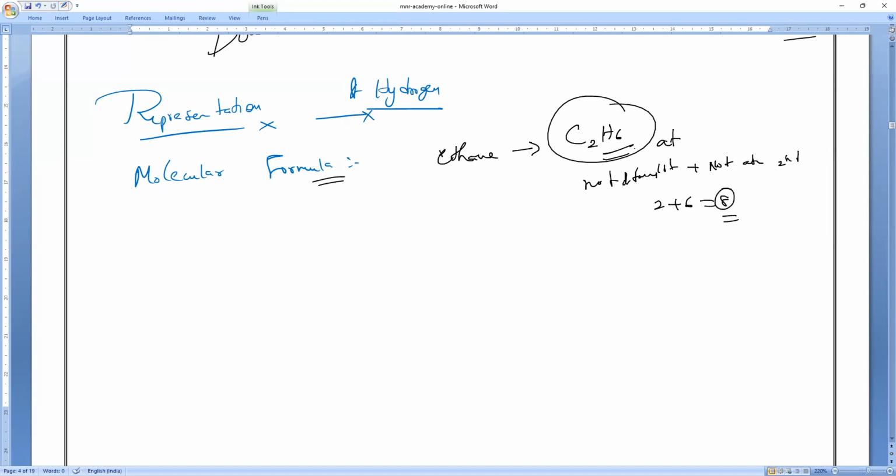Totally 8 atoms are present: 2 carbon atoms and 6 hydrogen atoms.